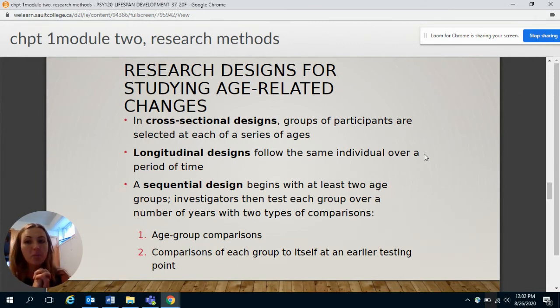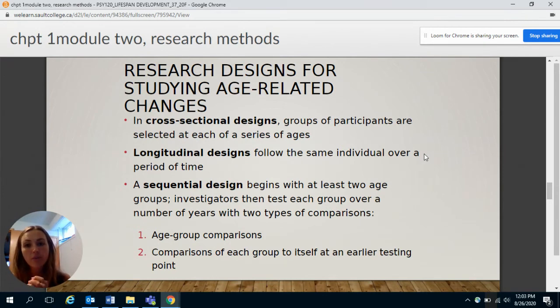They might say, okay, we're going to have elementary school age children, and then we're going to have high school, and we're going to have early, middle, and late adulthood, and then see how COVID-19 is influencing mental health. That would be a cross-sectional design, meaning that you have groups of participants at different ages all being studied at the same time.